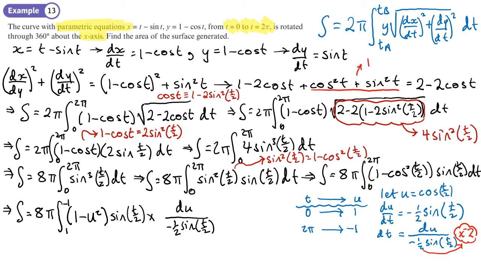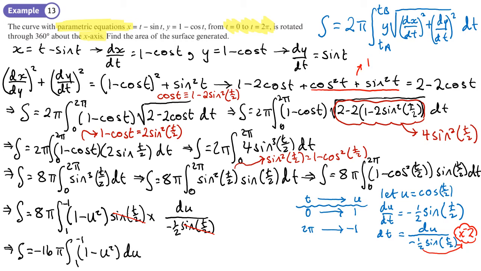So what's going to happen? Well, this will cancel out, which is handy. And then I've now got this divided by negative a half, which is times by negative 2. Let's move that over as well. So now I'm going to have negative 16 pi, negative 1 and 1, and just 1 minus u squared du.